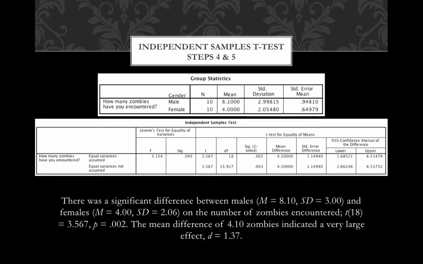We have our t statistic, 3.567, with our degrees of freedom, 18, and our p-value, 0.002. Because it's significant, we follow up with a little bit more details. The mean difference of 4.1 zombies indicated a very large effect. And then we state Cohen's d, which is our effect size of 1.37. And we'll talk all about this again in much more detail next week.